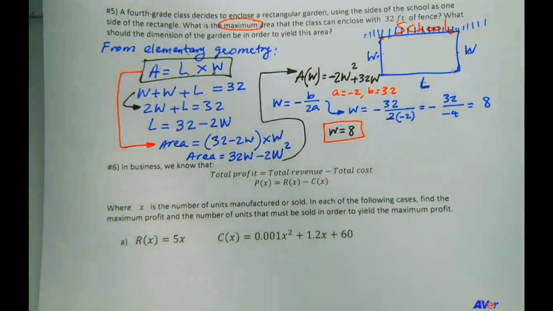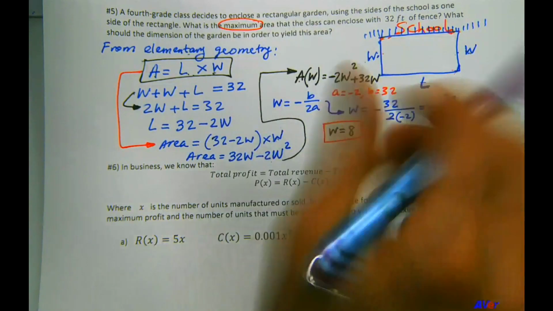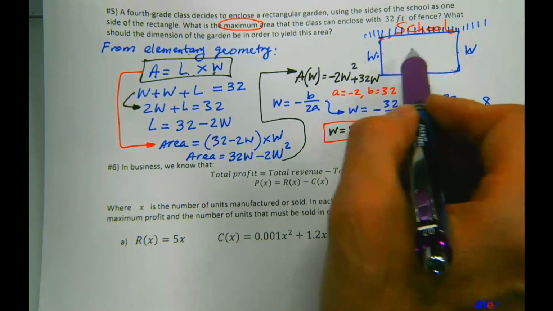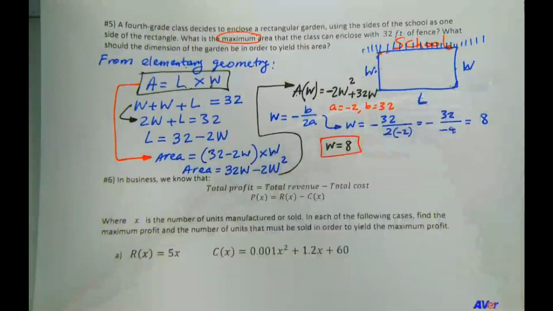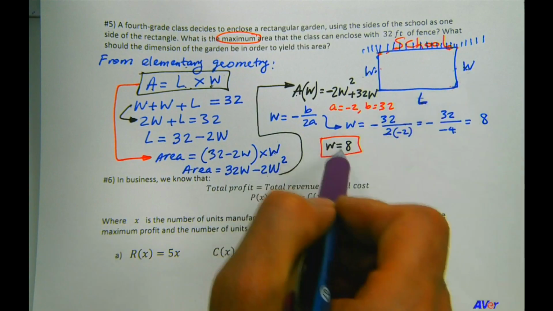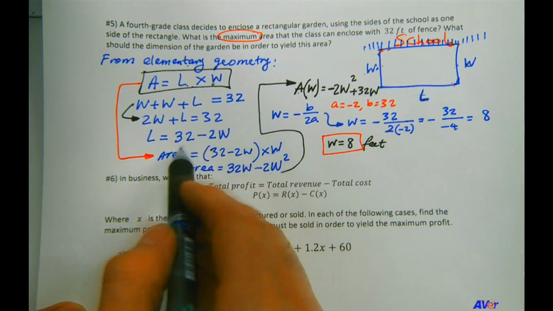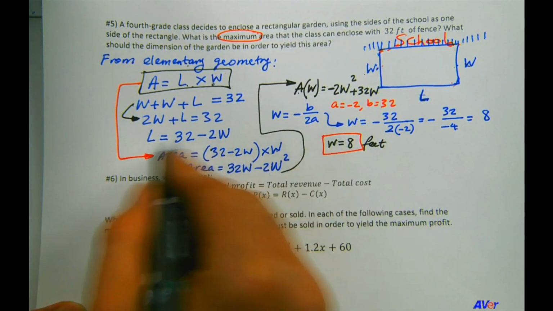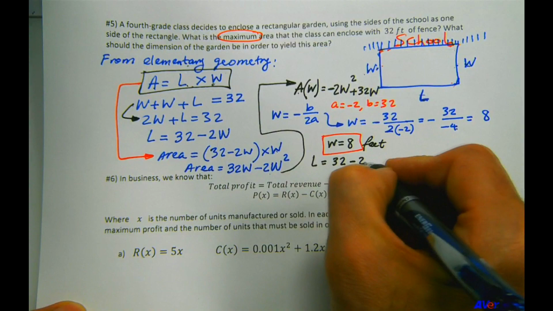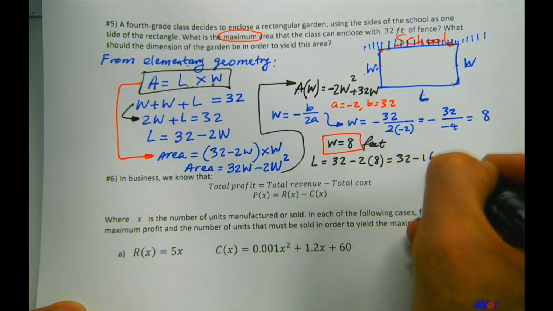So width can be anything, but they want us to give the dimensions such that the area of that garden is maximal. And to maximize the area of that garden, given 32 feet of fencing, the width is going to have to be 8 feet. And then let's calculate the length from here. So length is equal to 32 minus 2 times 8. So this is 32 minus 16, or 16.